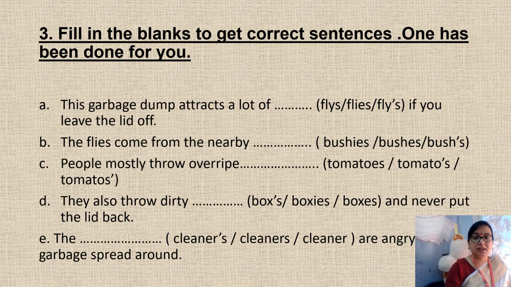Number B, the flies come from the nearby bushes. Bushes. People mostly throw overripe tomatoes. Tomatoes. They also throw dirty boxes. Boxes.